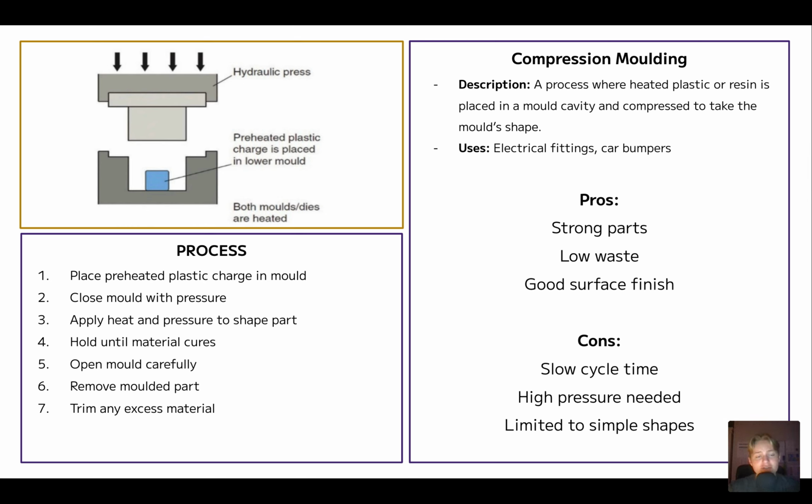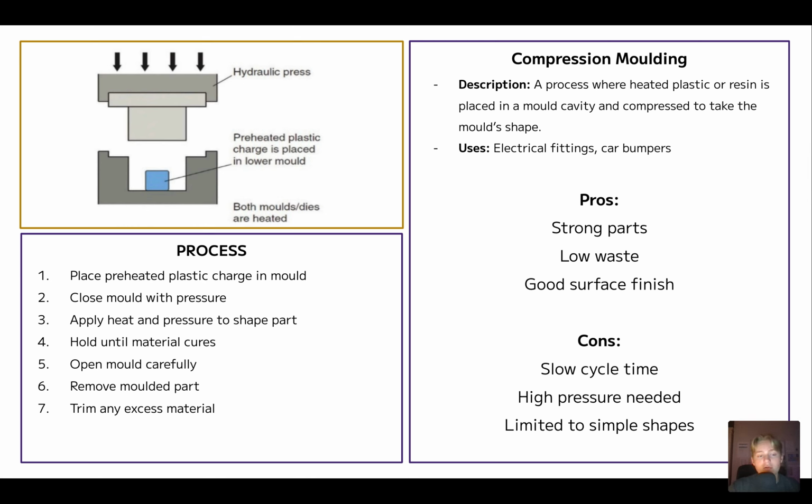The process you'd describe in your exam would be placing a preheated plastic charge into the mold and closing the mold with pressure. You then apply heat to shape the parts. So that's basically you're applying the heat and the pressure at the same time, and you'd hold the material until it cures or cools.